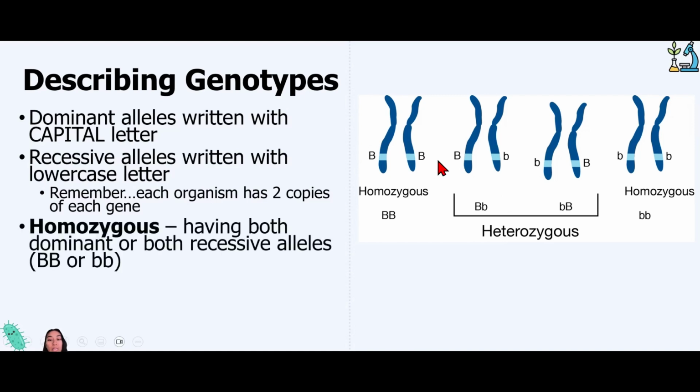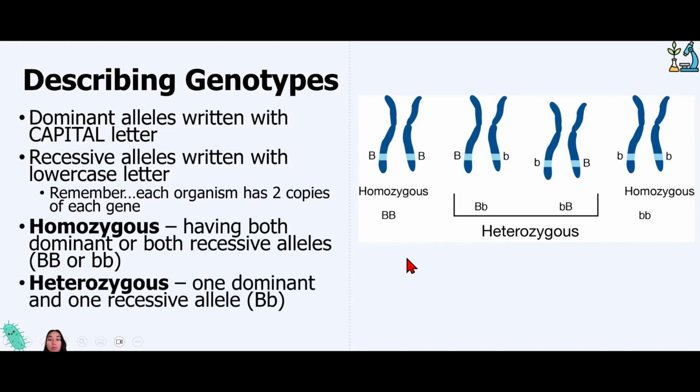And each person is either going to be capital B, that's designated as homozygous dominant, or lowercase b, that's homozygous recessive. And so the folks who have 2 copies of the same version are considered homozygous, whereas the individuals who are heterozygous are going to have 1 copy of the dominant and 1 copy of the recessive allele. And so typically you're going to be written as capital B, lowercase b, or vice versa.